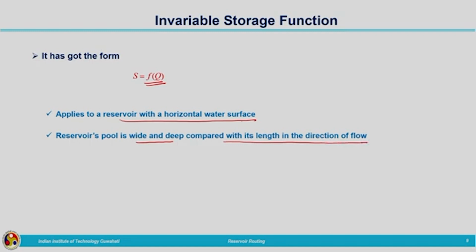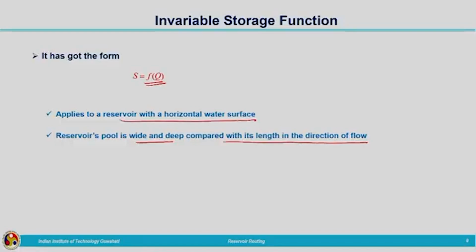Imagine the figure of the reservoir, in that we are having upstream channel, and compared to the length of the upstream flow, the width of the reservoir and the depth of the reservoir is high. Then only we can assume that there is a flat water surface, and also the velocity is very less. So, the reservoir's pool is considered to be wide and deep compared to the length in the direction of flow.